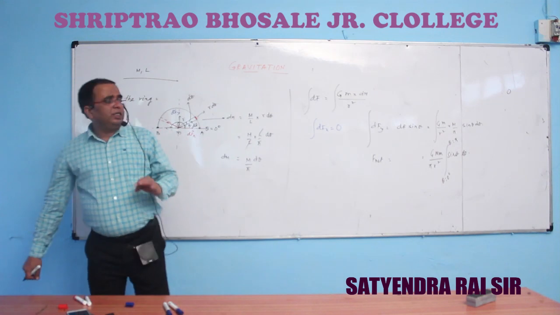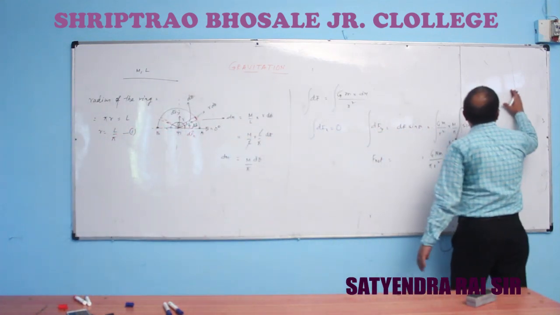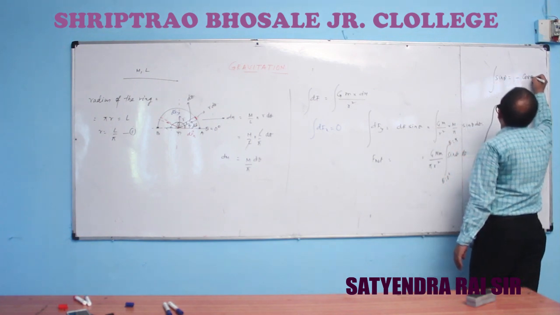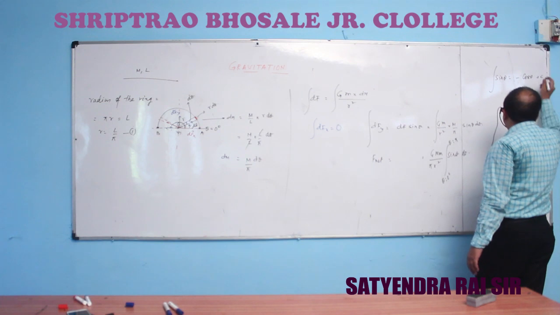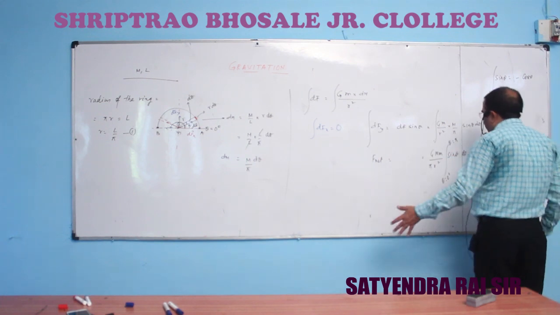Integration of sine theta, you know, is equal to minus cos theta plus a constant. Here it is a definite integration, so there is no need of the constant.